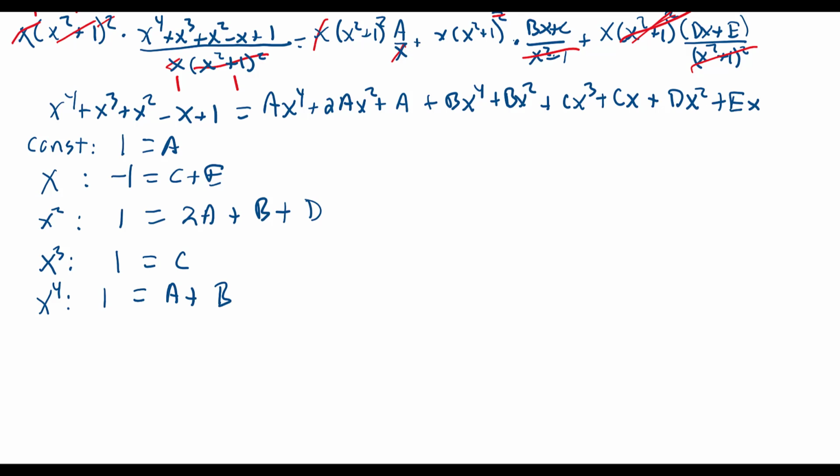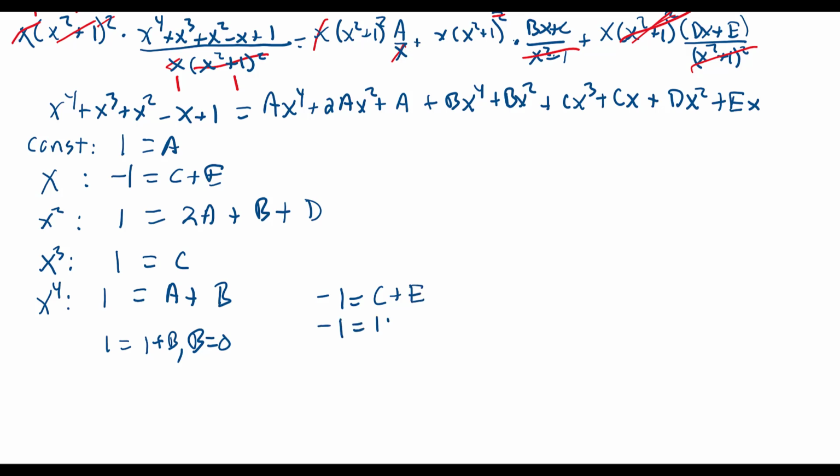So we know a is 1, so 1 equals a plus b, which is 1 plus b, so b must be 0. Okay, didn't expect that. And then negative 1 equals c plus e, but c is 1.